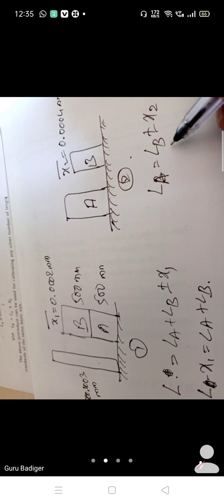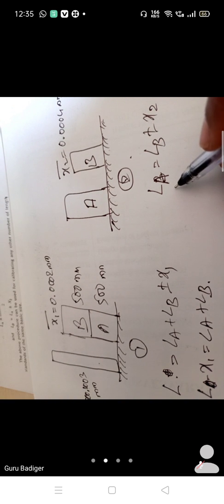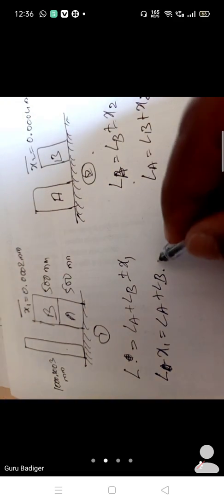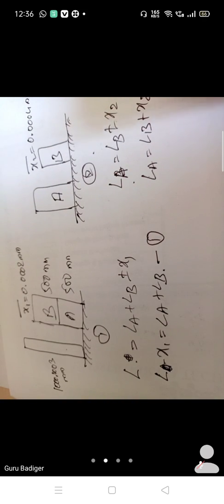So x1 you bring to this side: L minus x1 equal to LA plus LB, right? So here LA is equal to LB plus x2, because LB plus x2 will become LA, right? So you put equation 1, and here equation 2.